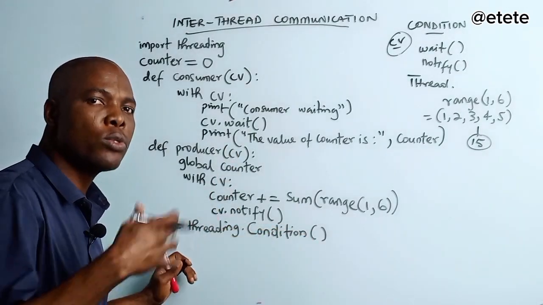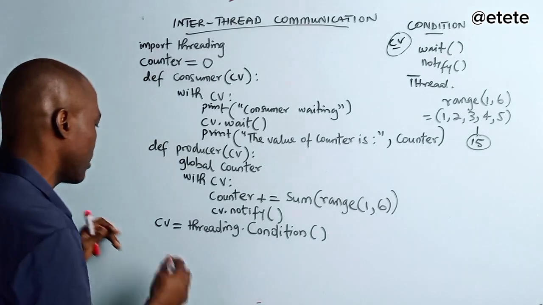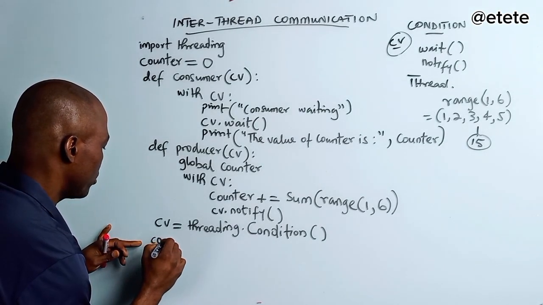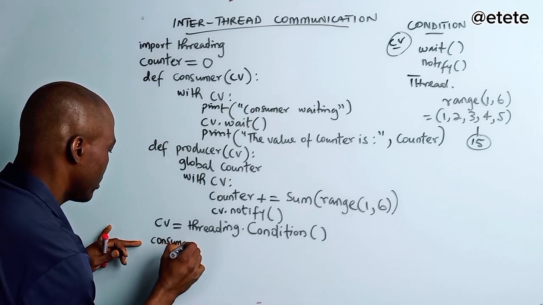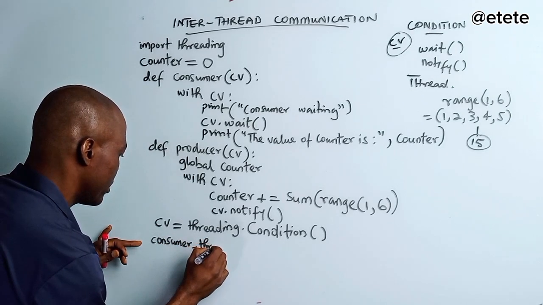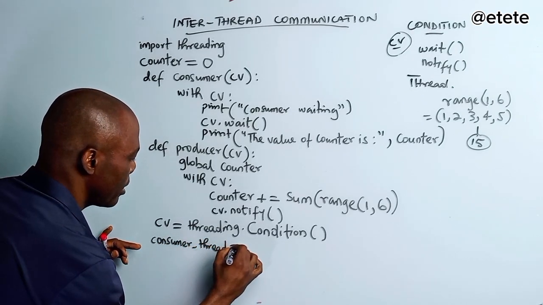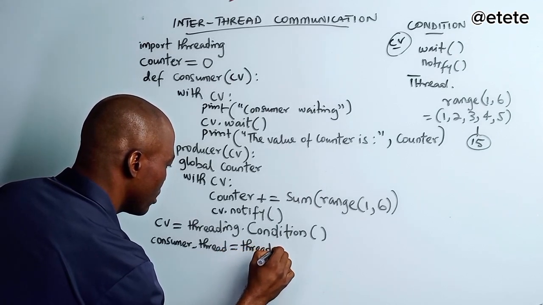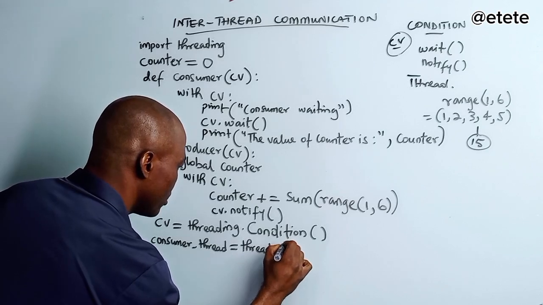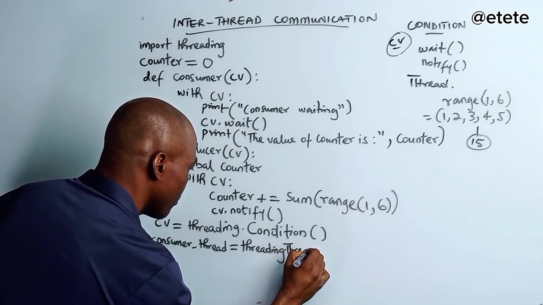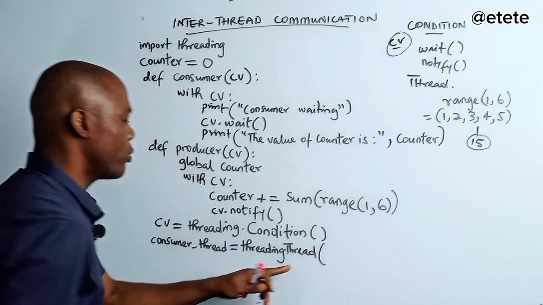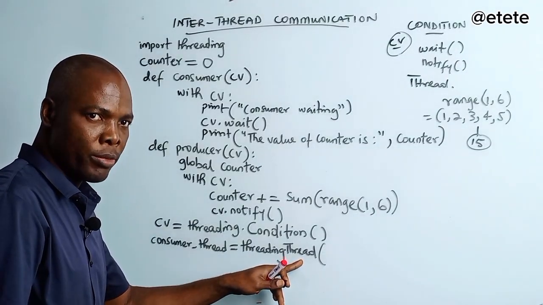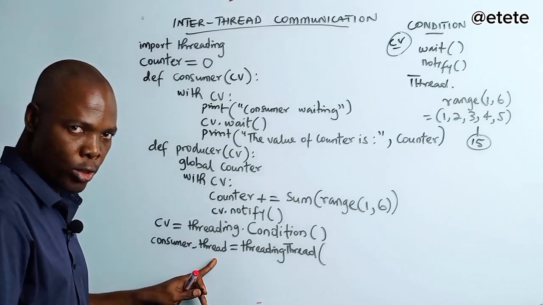Now I've done that. So I want to create my thread that will perform the task. So I will say consumer thread, right? Then I'm calling my threading module, threading dot Thread. So I'm calling the thread constructor to create a thread object that this consumer thread is going to reference.